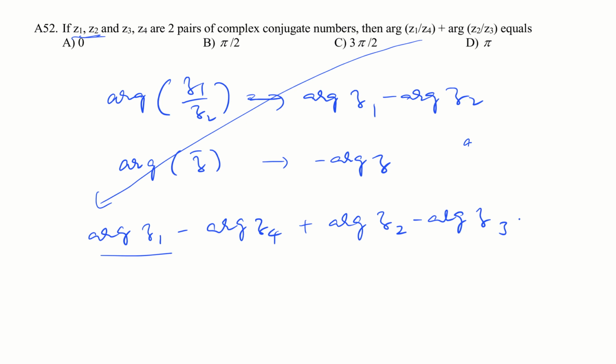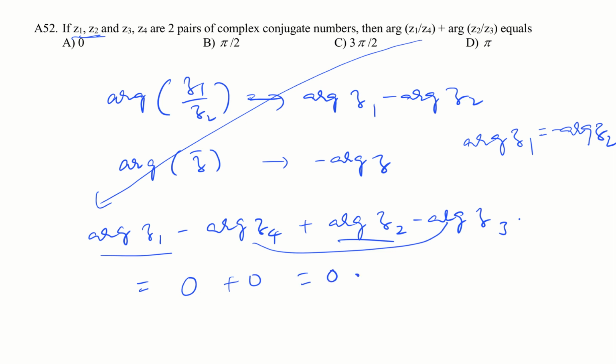Therefore, as arg z1 is minus arg z2, one of the arguments at least, so I have this plus this is actually 2n pi we have to write, but we don't have like that, so I simply write 0 here, and similarly this is also 0 I get, so I am getting whole thing as 0. Actually we know that it is 2n pi, but among the given options we have only 0 there.